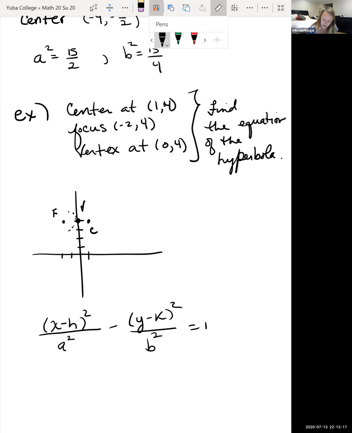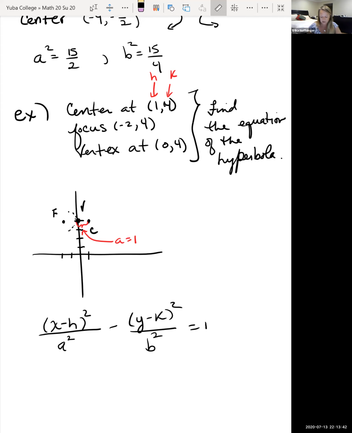We know what h is, we know what k is. That distance between the vertex and the center, that length is a. So that length between x equals 1 and x equals 0 is 1.